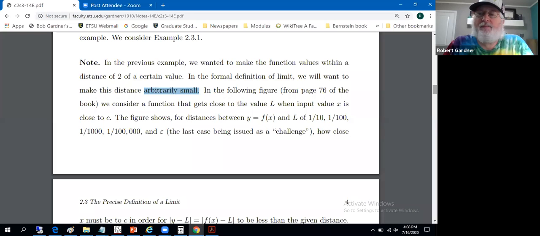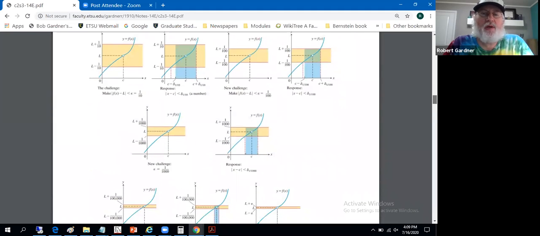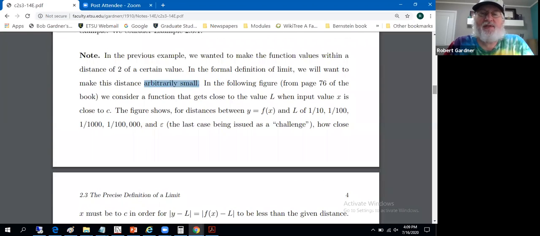Now, here's an image for a given function. It's from page 76 in the book. So they've taken the same function and they've analyzed it for different distances. What's happening in this figure is we've got a function that gets close to the value L when the input value x is close to an input value C. And we've considered how close you want it for different values.